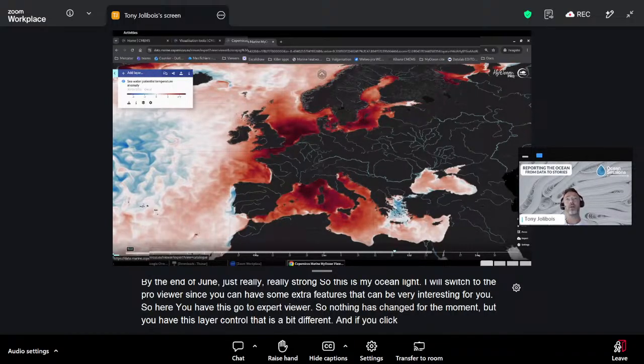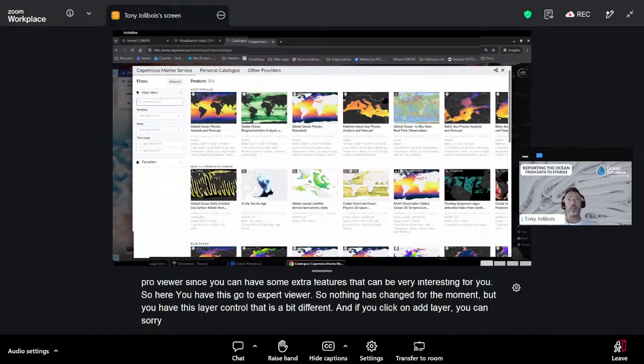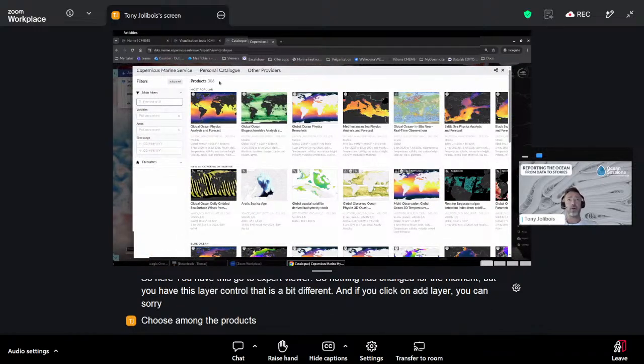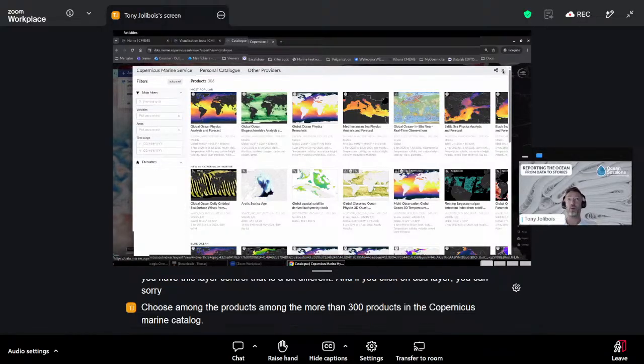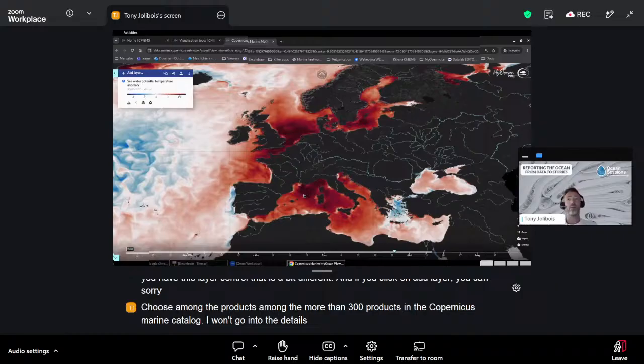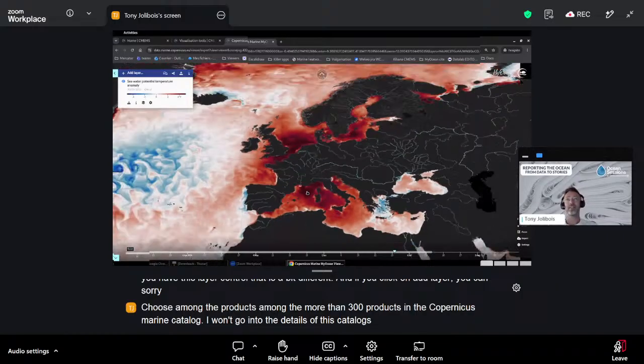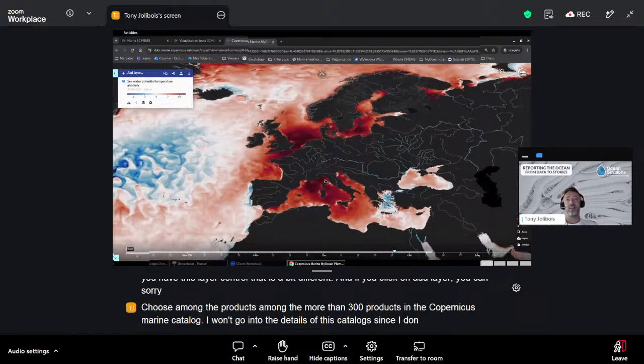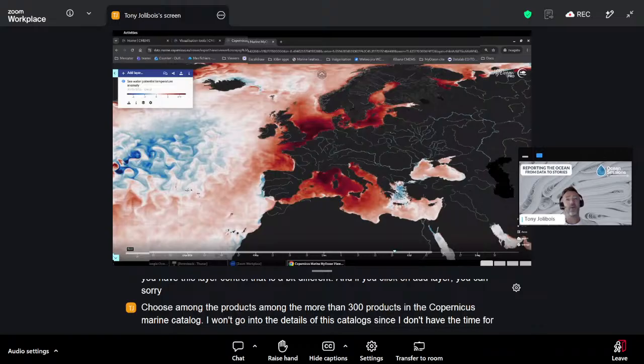And if you click on add layer, you can choose among the more than 300 products in the Copernicus Marine Catalog. I won't go into the details of this catalog since I don't have the time for the moment.